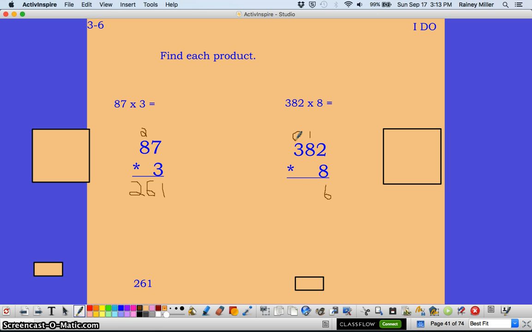So I go, okay, 6 here and a 5 down here. And I go, okay, 8 times 3. So 8 times 3, 8 times 2 is 16, 8 times 3 is 24, plus 6, so that's going to leave me with 30.